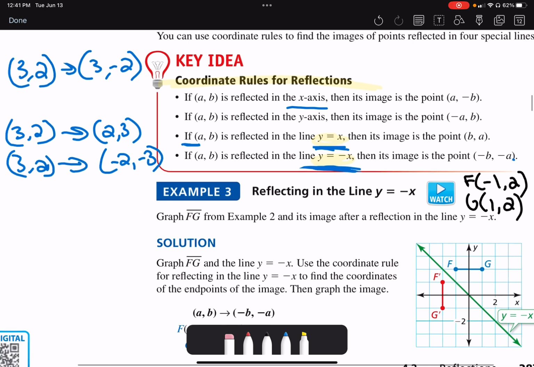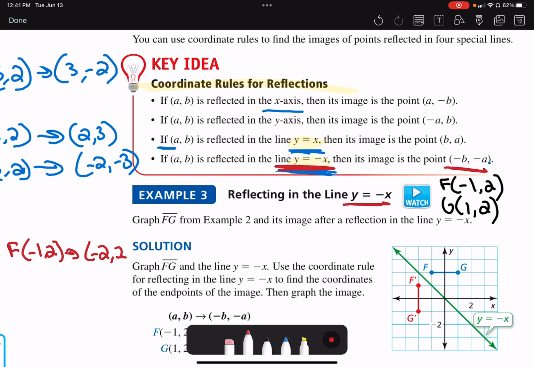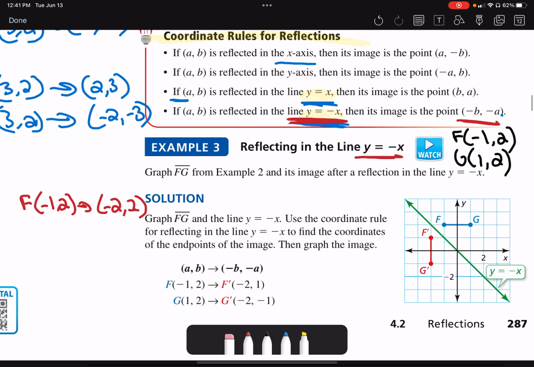All right. So let's use these rules to graph over the line y is equal to negative x. So if F is negative 1, 2, I'm going to use this rule right here. Negative b, negative a. So now I have negative 2, positive 1. And that is going to be my F prime right here.